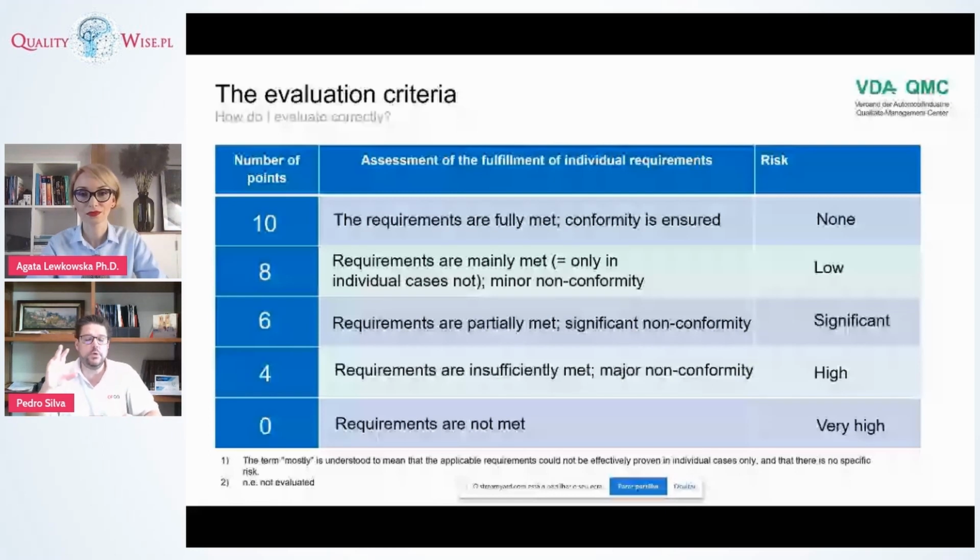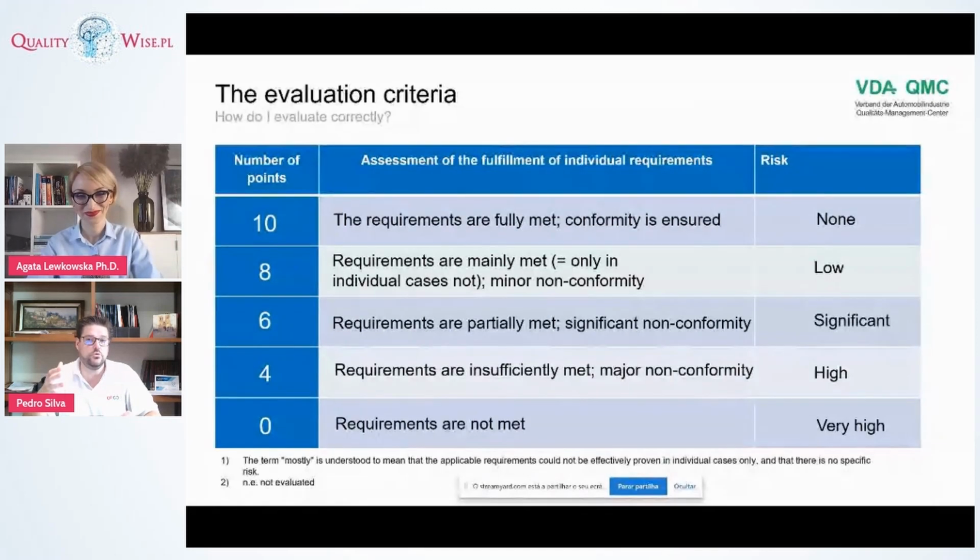Two comments here for the 0 and 4. One, during exams we can see people saying, I will give a 6 because a 4 or a 0 is too severe. Well, it is as it is. If it is severe, use the 0 or the 4.